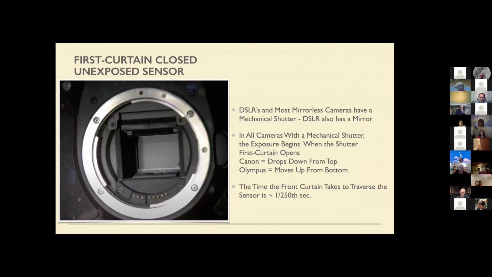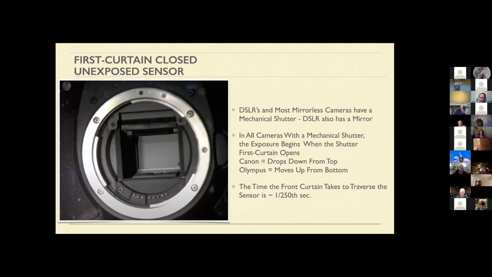Okay, why is that important? Well, all digital SLRs, and believe it or not, most mirrorless cameras have a mechanical shutter. Obviously, a DSLR has a mirror and the mirrorless doesn't. But once the mirror moves out of the way, we have a blocked shutter covering an unexposed sensor.